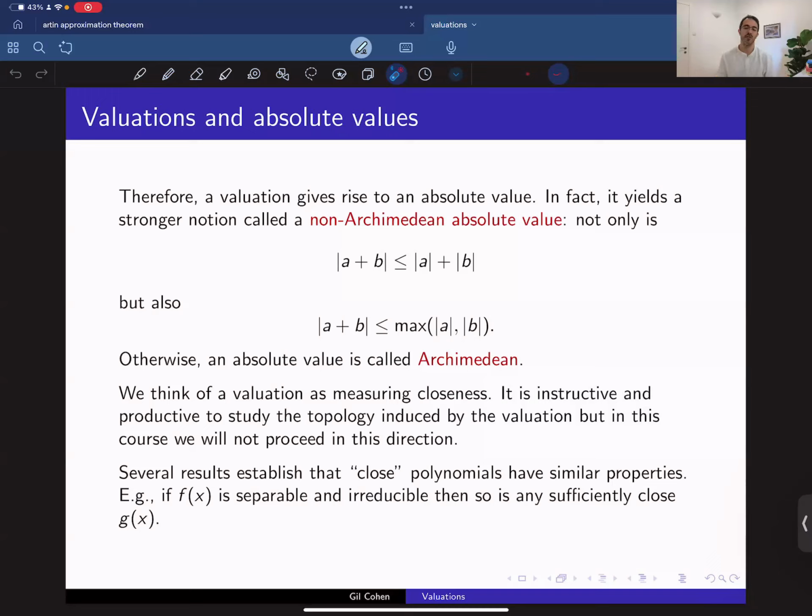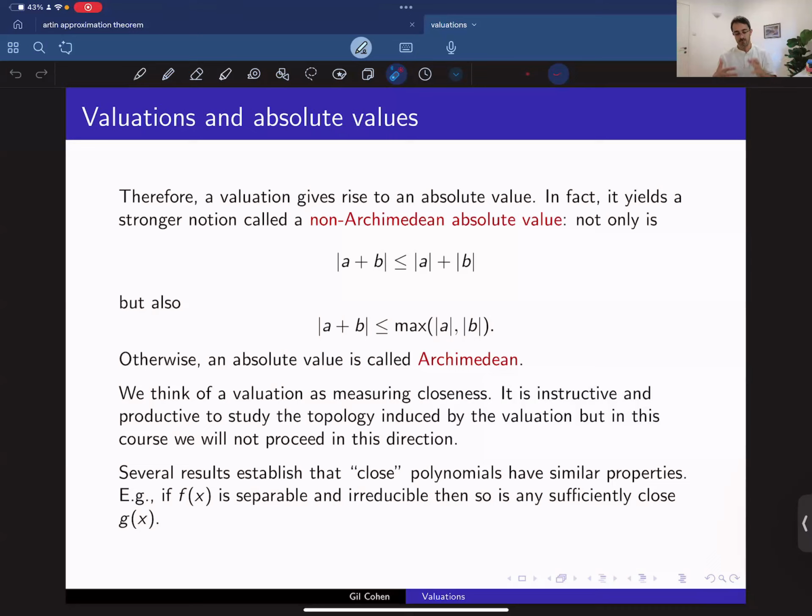And the entire philosophy of the course is trying to teach theoretical computer scientists function fields. So I can't assume prior knowledge in topology, even though this is very basic. And just as a remark, usually when you have an object, in our case this could be a polynomial, and it has a property, maybe it's irreducible or separable, then closeness allows you to say that if you're close to some polynomial that's separable and irreducible, maybe you also inherit these properties.